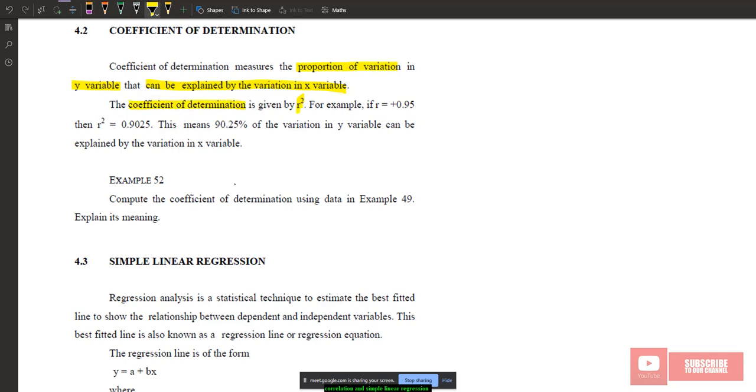So if the previous value of r is 0.95, so r squared is the coefficient of determination.